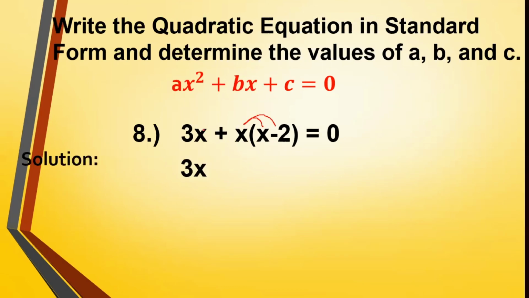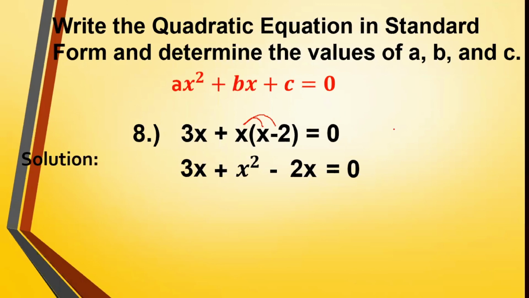So here, 3x. And as we said earlier, x times x is equal to x squared. And then positive x times negative 2 is equal to negative 2x. And in standard form, it is always equal to 0. So, x plus x squared minus 2x equals 0.